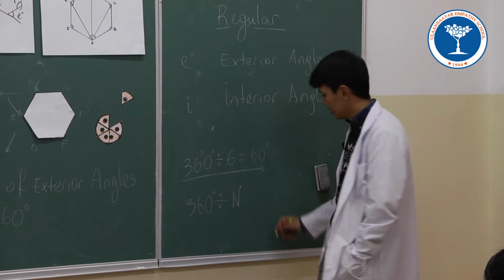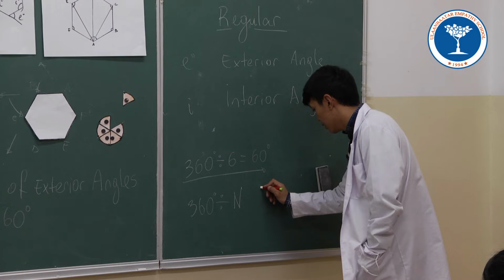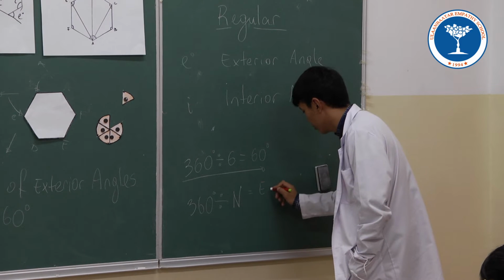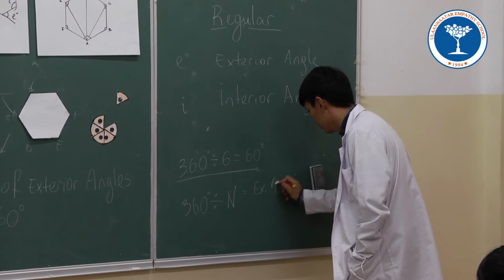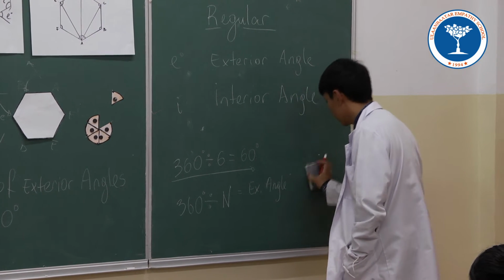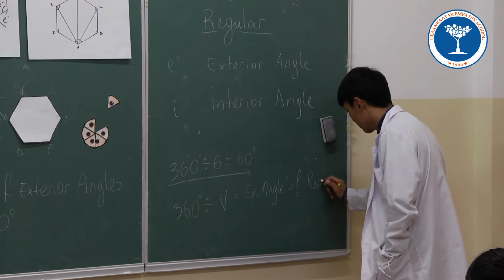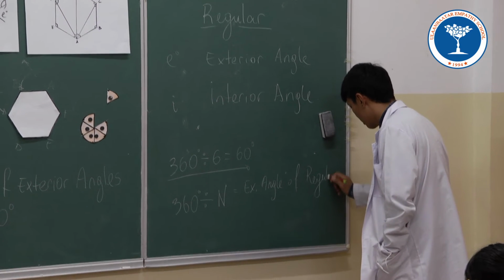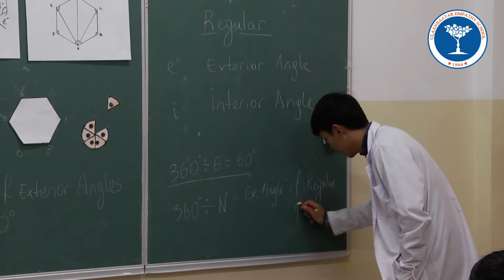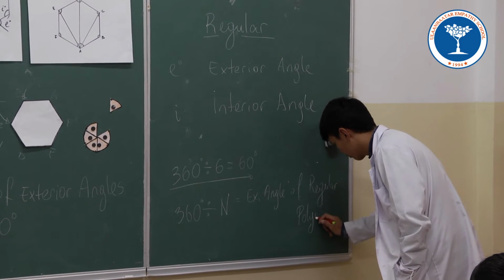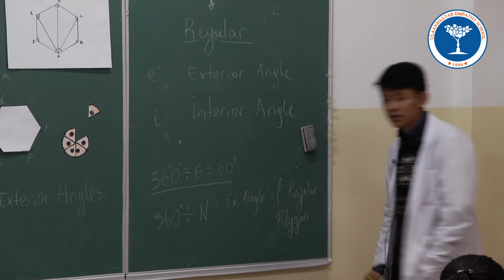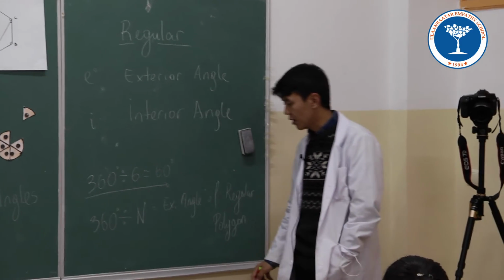This is equal to the exterior angle of a regular polygon. Understand? This is the definition.